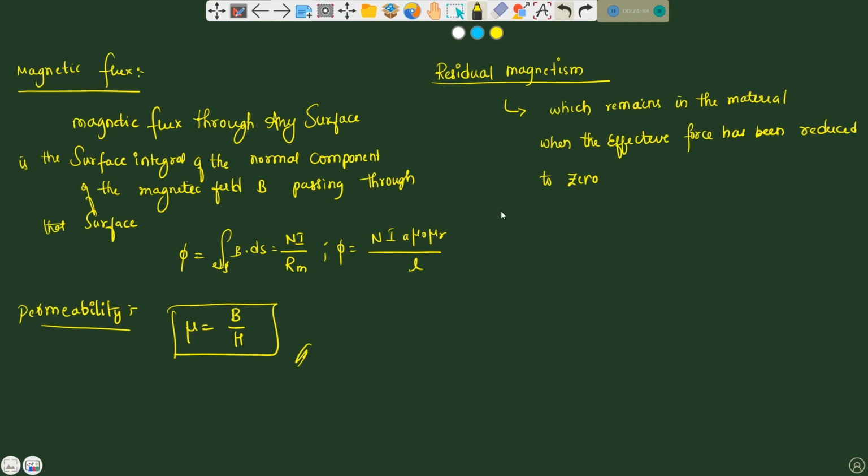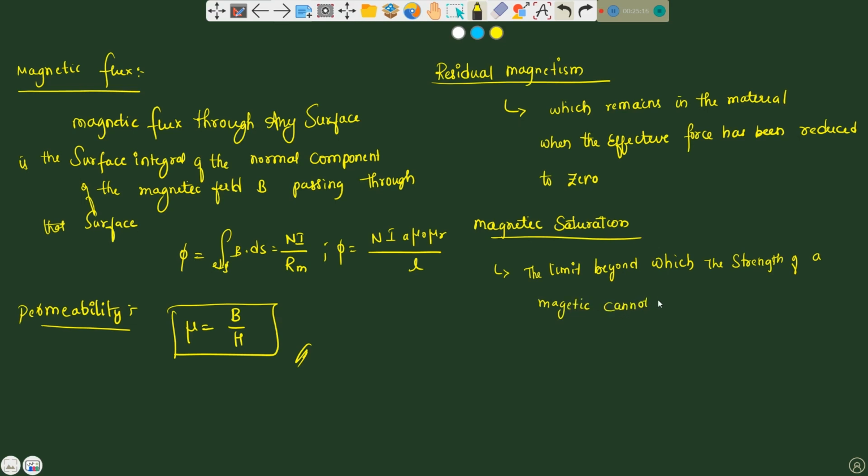So next we have magnetic saturation. What is this magnetic saturation? The limit beyond which the strength of a magnet cannot be increased is nothing but magnetic saturation.